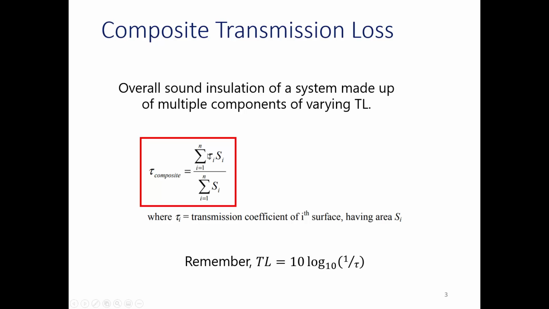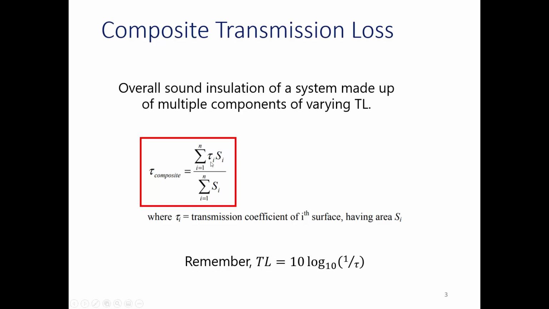It'd be whatever the transmission coefficient is for that assembly, and then whatever the area of that wall is minus whatever the other components are. So we take the door out of it, we take the window out of it.